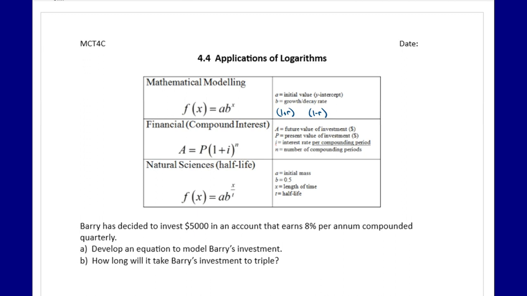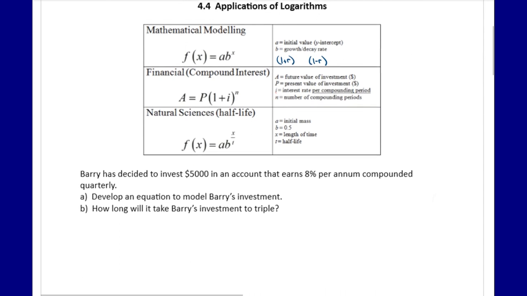A is the initial mass, B is 0.5 or a half because we lose half every time. X is the length of time, so how long we have this material for, and T is the length of the half-life. So these are the different general scenarios that we might see, but let's work through a couple of examples and solve some of these exponential equations using logarithms.